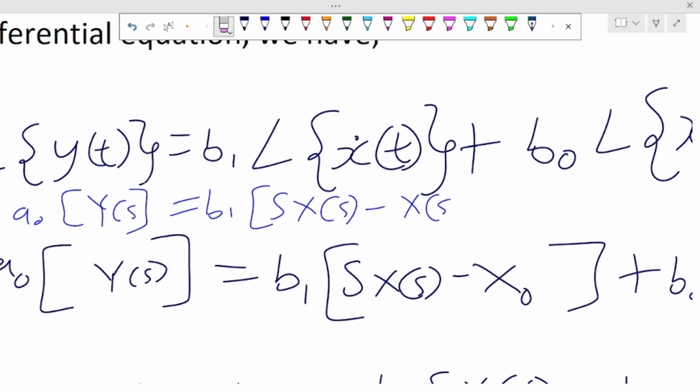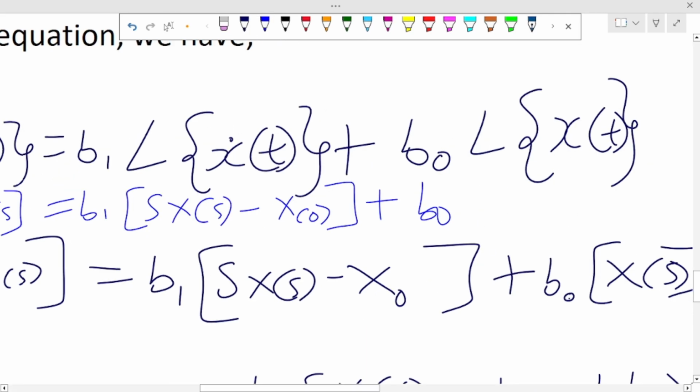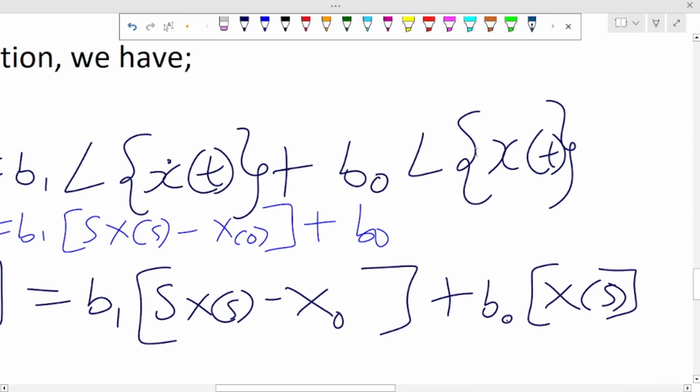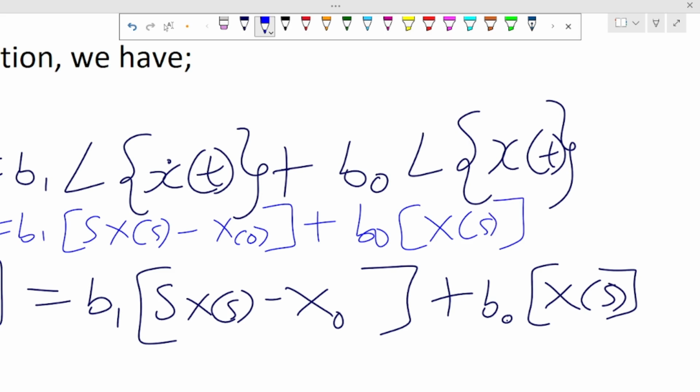Same pattern with what we've been doing so far. X of x0. Plus b0. Taking the Laplace transform of this there is no dot, so we are doing just x of s.